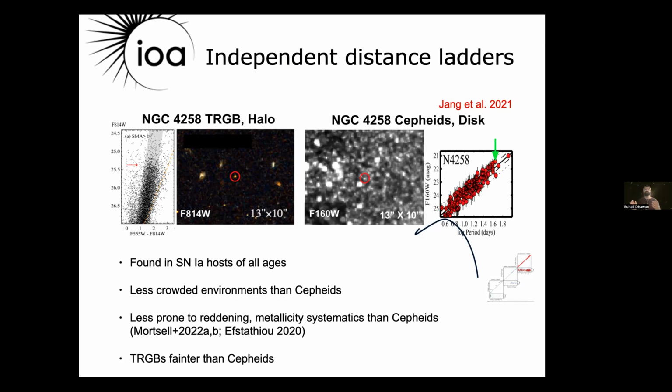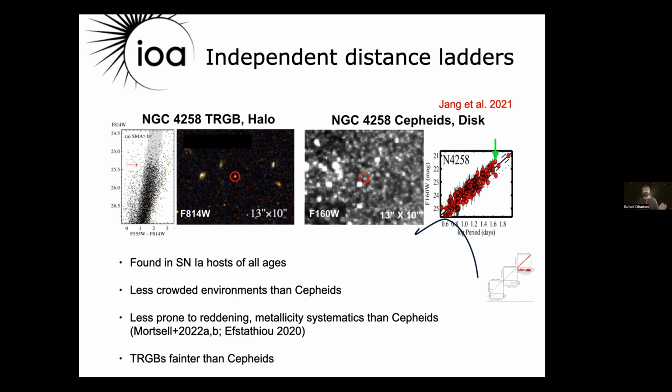And therefore, we can actually test whether or not this astrophysical bias is a dominant aspect of our error budget. They're also less prone to reddening and metallicity, as well as crowding biases, because they're out in the halo, so they aren't as impacted by this cut as the Cepheids are.